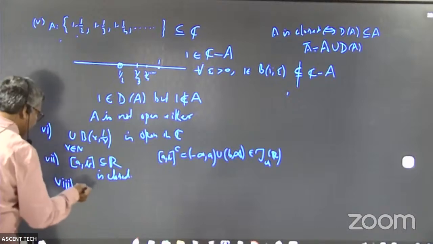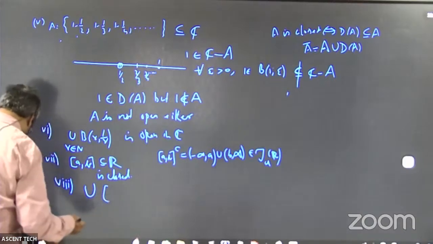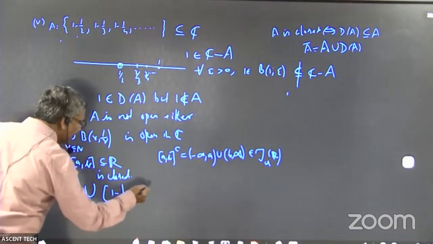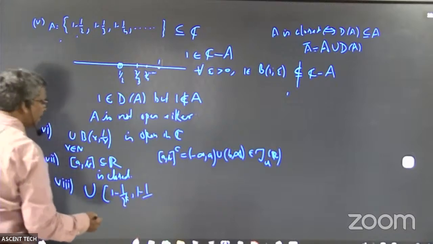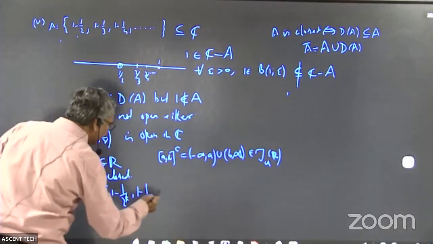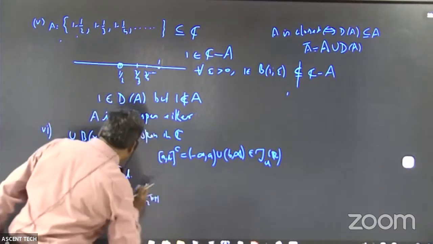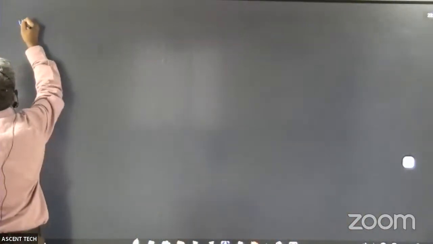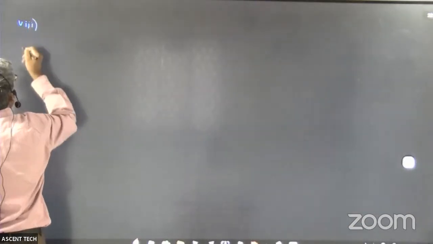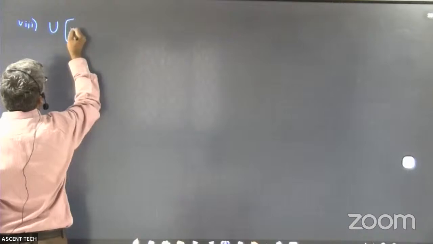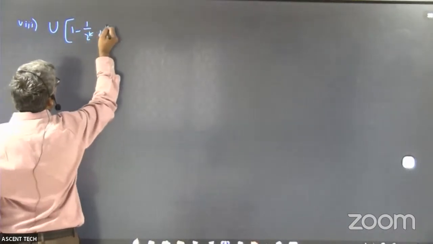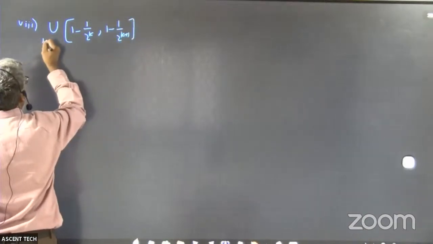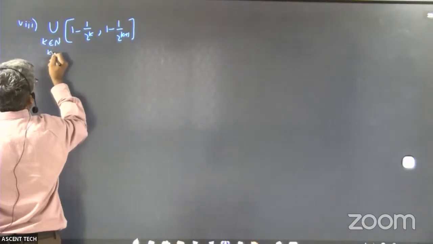I'm going to take a union of closed intervals, 1 minus 1 by 2 power k to 1 minus 1 by 2 power k plus 1. My writing is poor, so I'll go to the next page. Example 8: the union of intervals 1 minus 1 by 2 power k to 1 minus 1 by 2 power k plus 1, where k is a natural number and k is even.